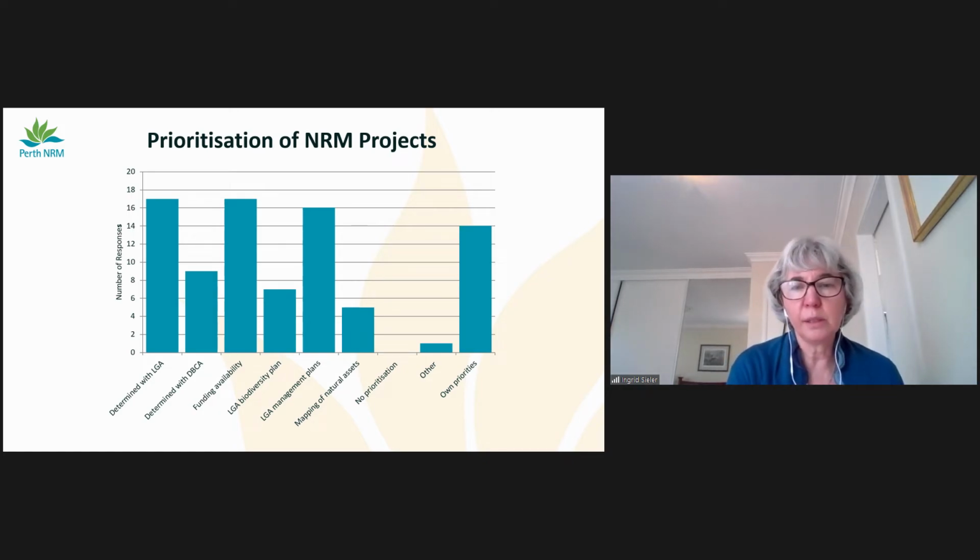Some of the groups develop their own priorities, and we're not sure how this is done, but it might be based on their capacity to do the work, the funding they've received, and their personal interests.